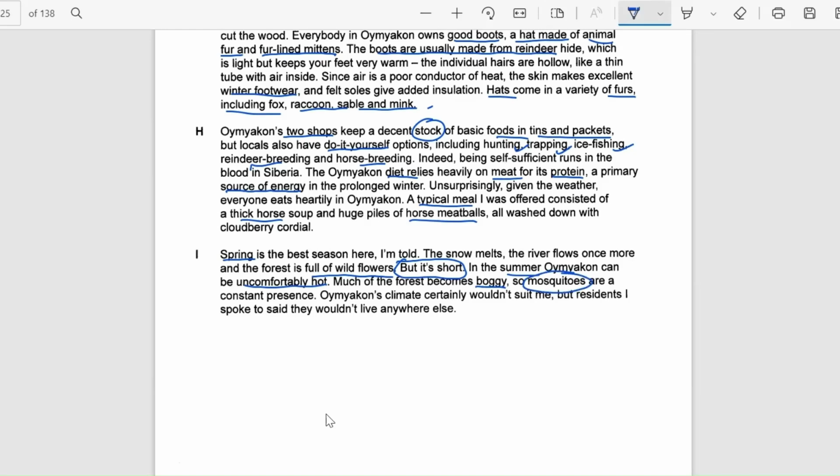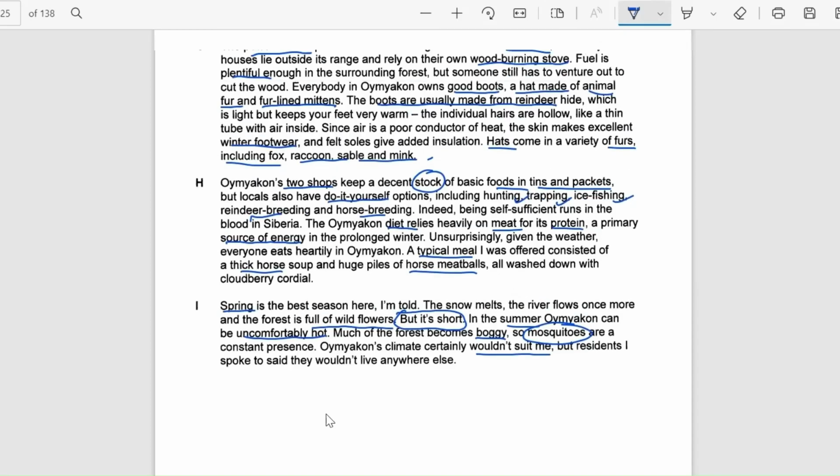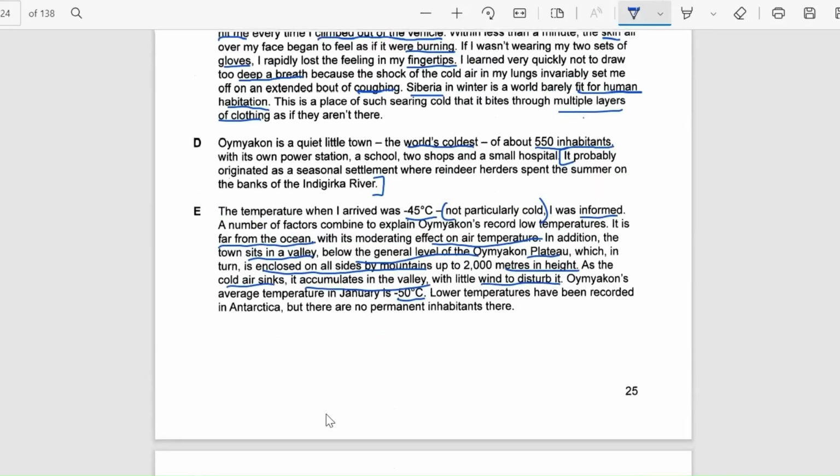And then the author is saying that the climate won't suit me, but the residents don't want to go to any other place. So it is actually telling me that winters are challenging, but other seasons also have their own challenges.